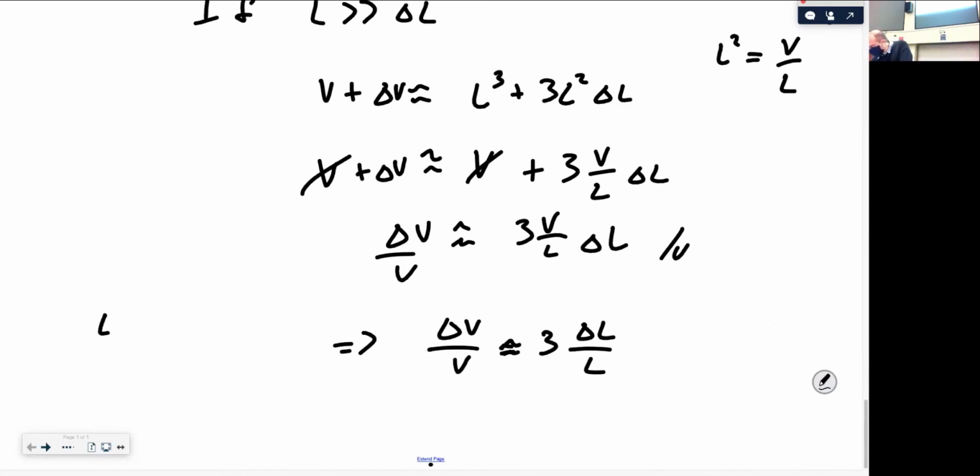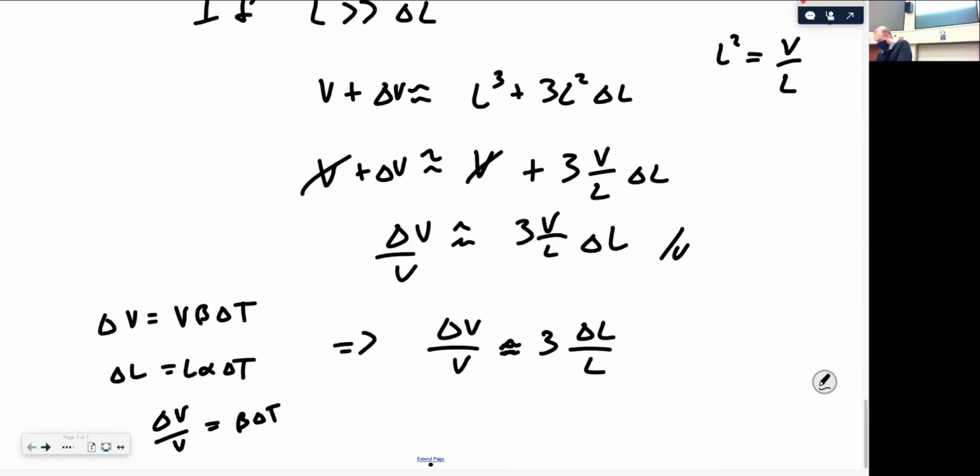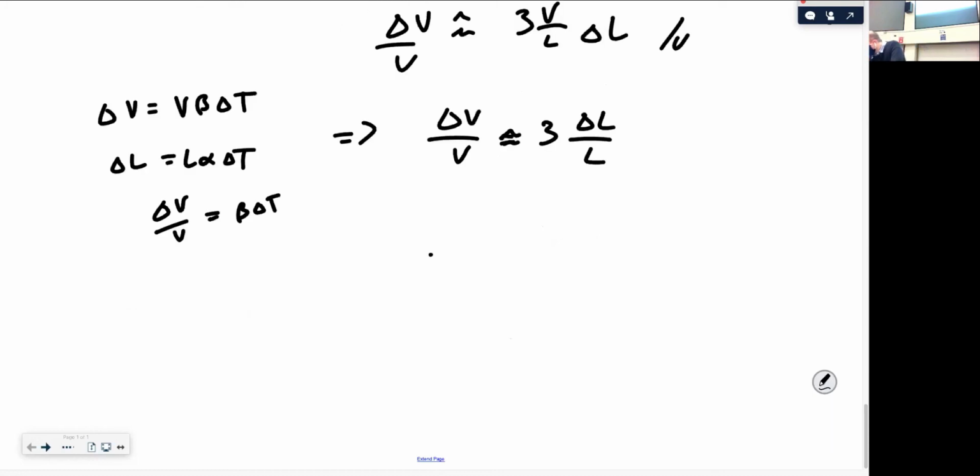Well, let's write these equations down. Delta V equals V beta delta T, delta L equals L alpha delta T. Delta V over V is equal to beta delta T, and delta L over L is equal to alpha delta T. This is beta delta T, 3 alpha delta T. And the delta T's go away.